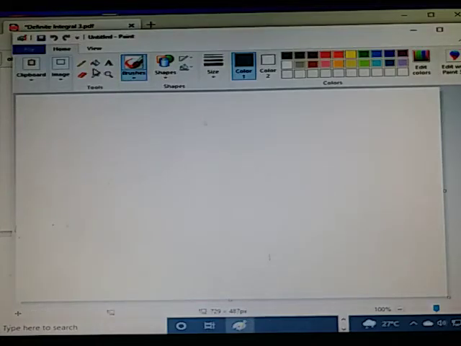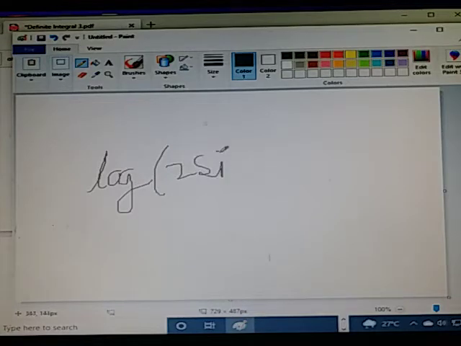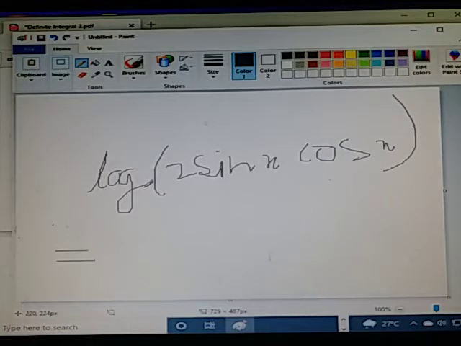log of 2 sin x cos x is equal to log of AB.